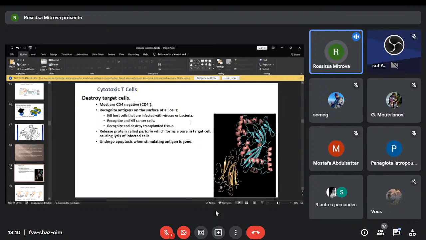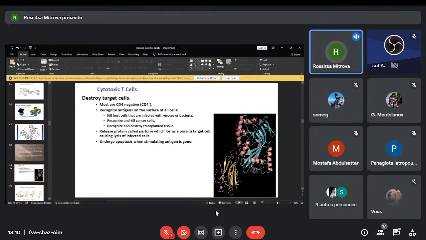They recognize and kill cancer cells. They recognize and destroy transplanted tissue because they release a protein called perforin, which forms a pore in the target cell and causes lysis of infected cells.